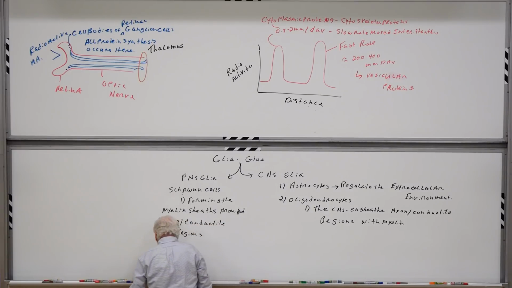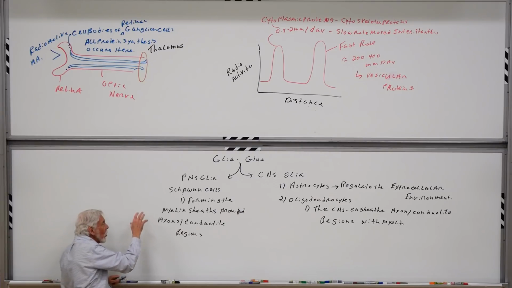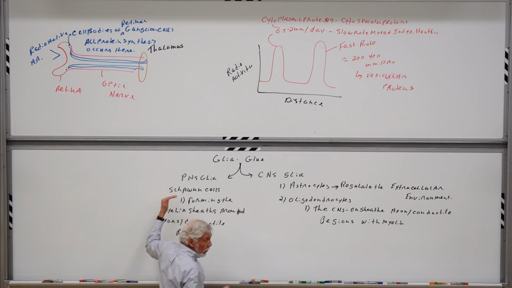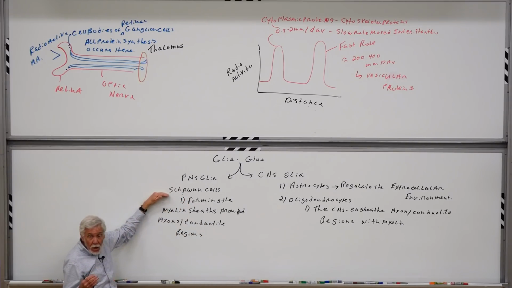There doesn't appear, for the most part, to be quite the same kind of corollary for Schwann cells and astrocytes in the peripheral nervous system. Some of that probably has to do with the fact that in the peripheral nervous system, you have large diffusion pathways. You have relatively small amounts of neuron out in the peripheral nervous system compared to the rest of the tissue, and things can diffuse in and out.